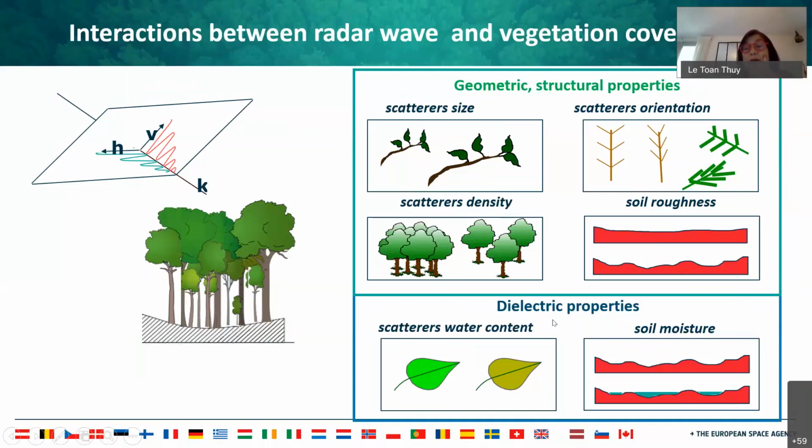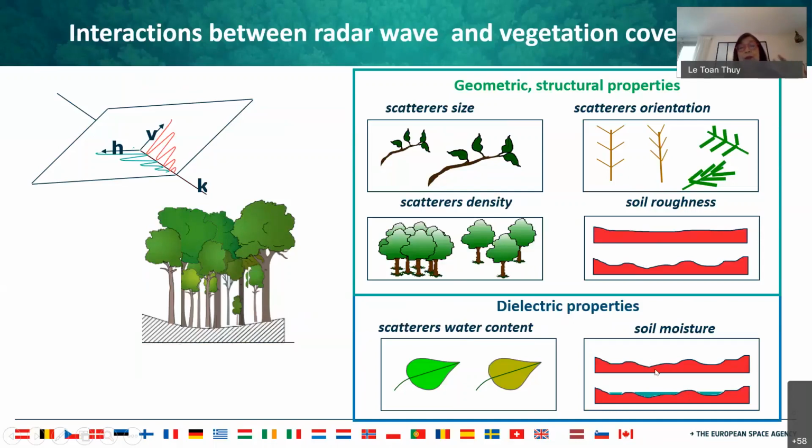For the soil, you have soil roughness, here very smooth soil and very rough soil. And you have the dielectric properties, related to the water content of the scatterers and also the soil moisture.